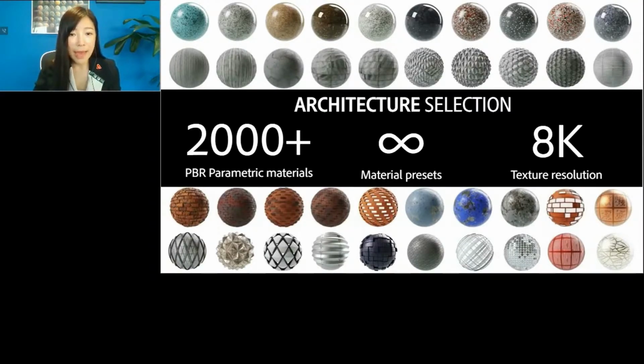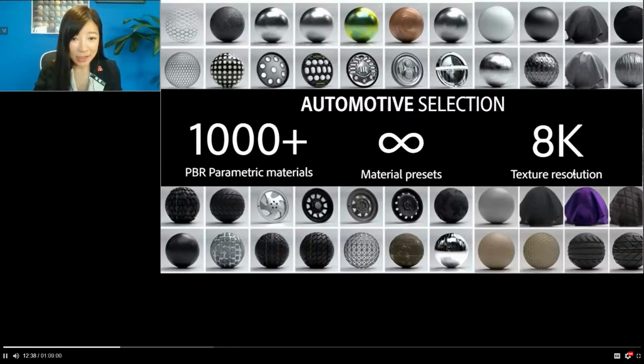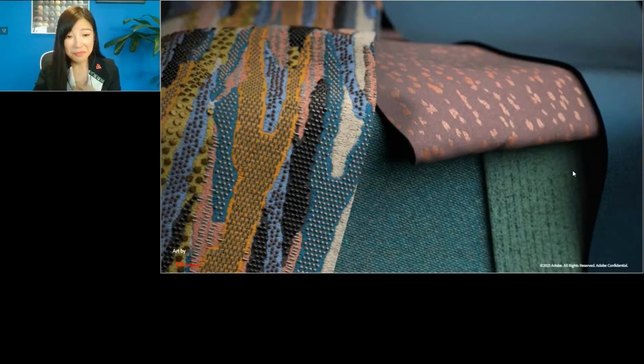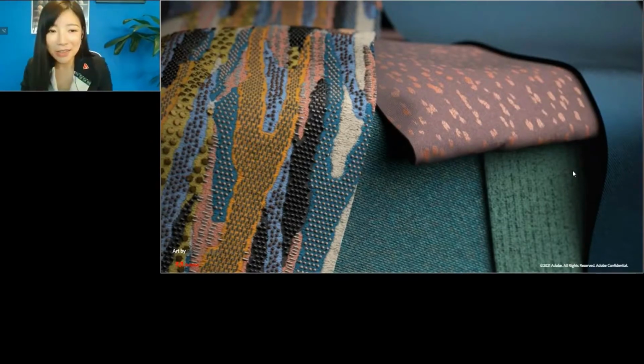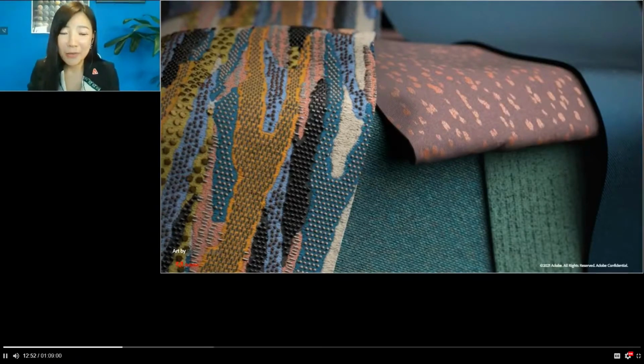For example, we have architecture selections, we have automotive, and of course we have fashion, we have game, we have interior, exteriors. So later on we will go through the assets library.